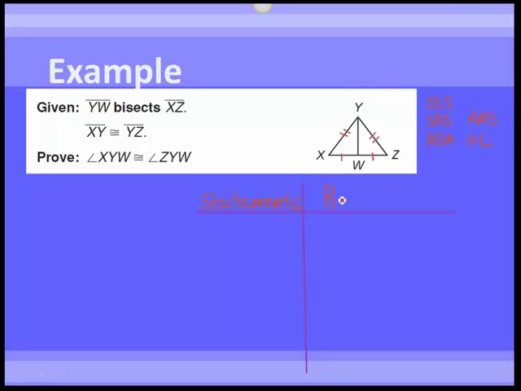So we've got our statements here and our reasons. And I'm first going to put YW bisects segment XZ, and that is given. And now because of the definition of a bisector, we can say that segment XW is congruent to WZ by definition of a bisector.